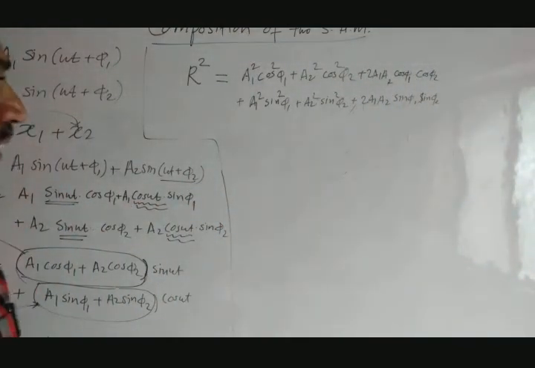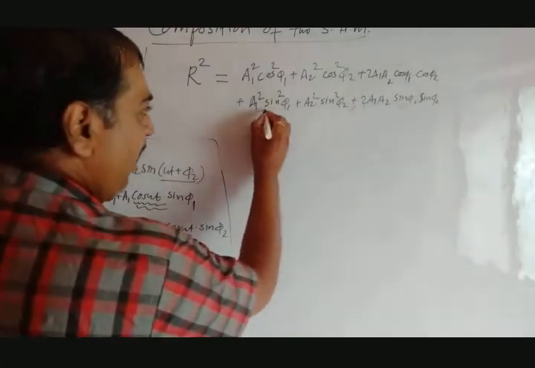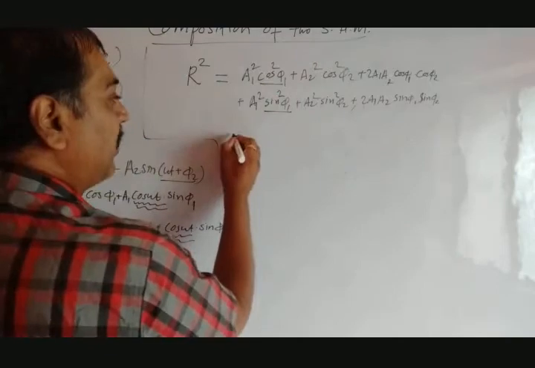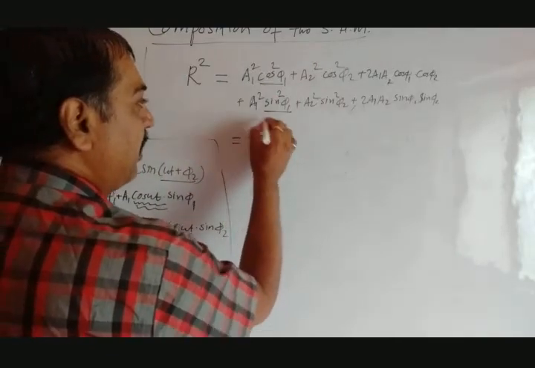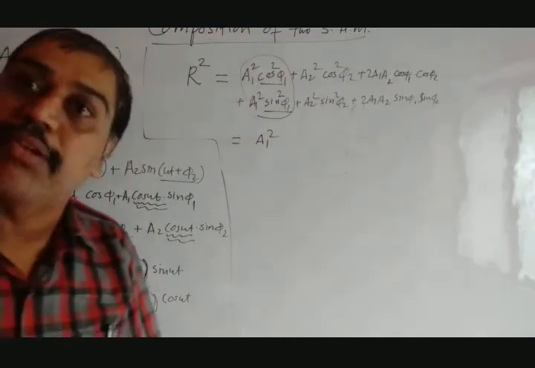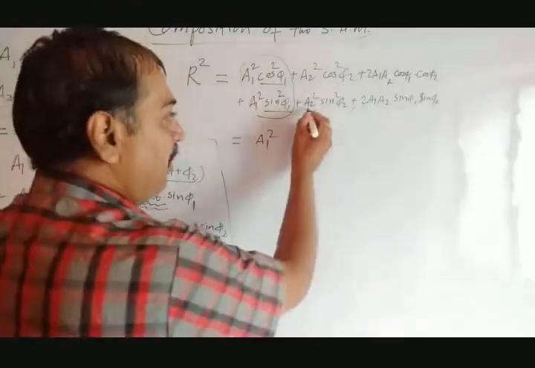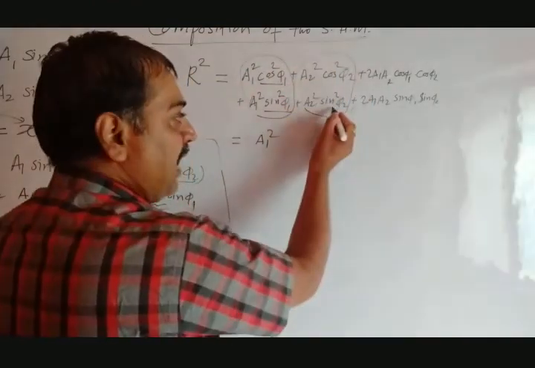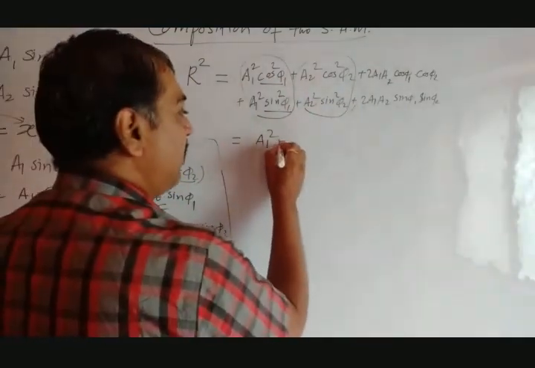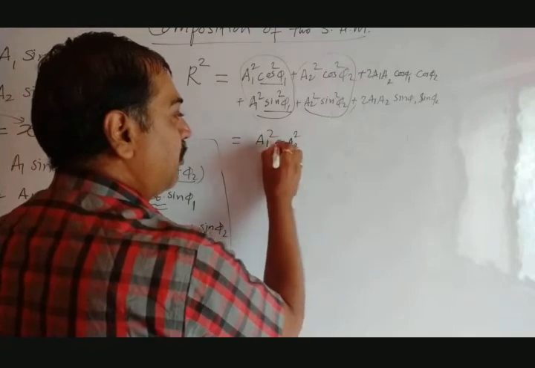In this case, let's take common things. Sin square phi 1 plus cos square phi 1 is 1. A1 square is common. Similarly, sin square phi 2 plus cos square phi 2 is 1. So what we get? A1 square plus A2 square.